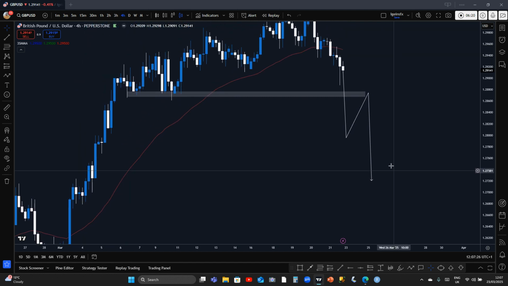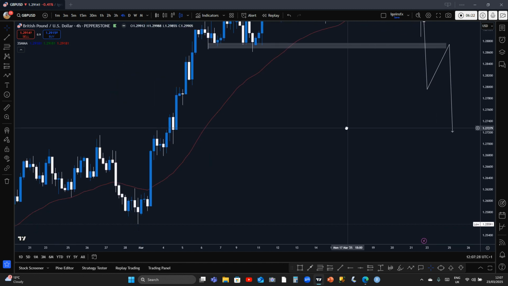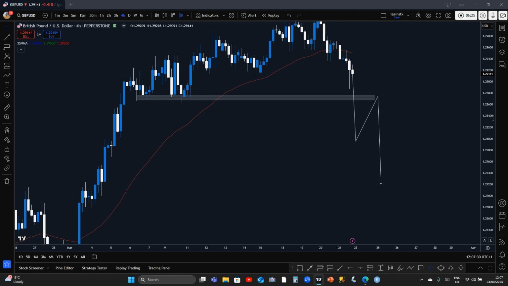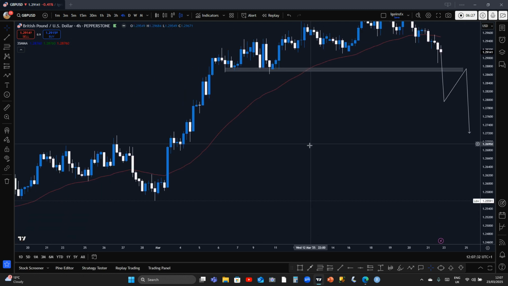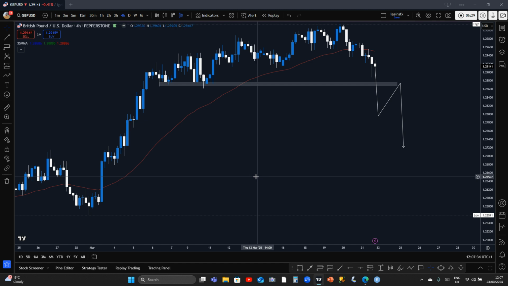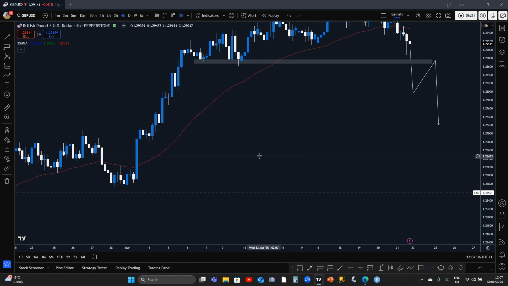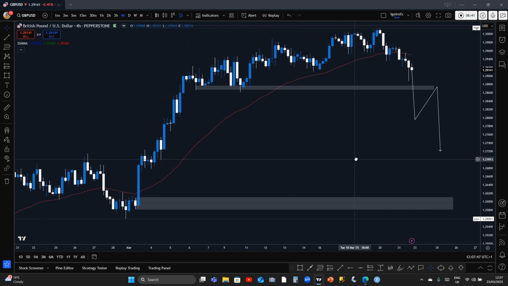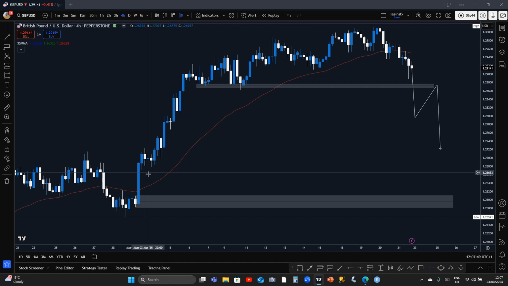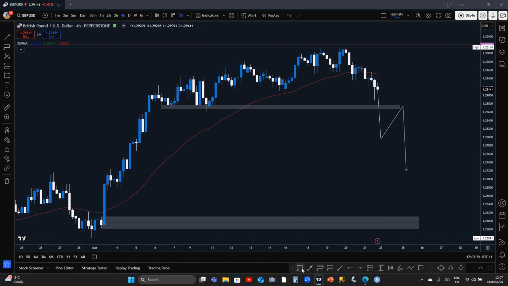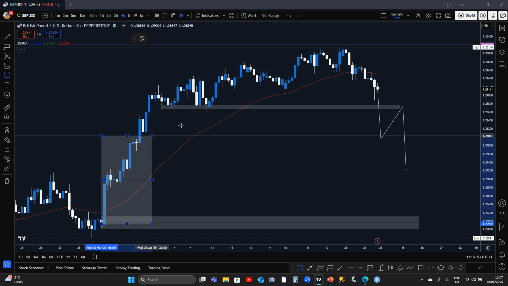Now, what you should understand is that price action moves in levels. It moves in levels. Now, your reference point should be this point here where we have another block. This is another block that caused this entire push to the upside. All right.